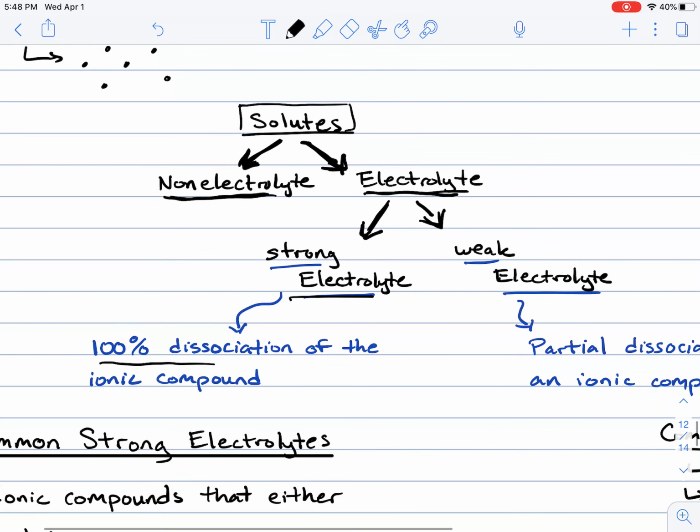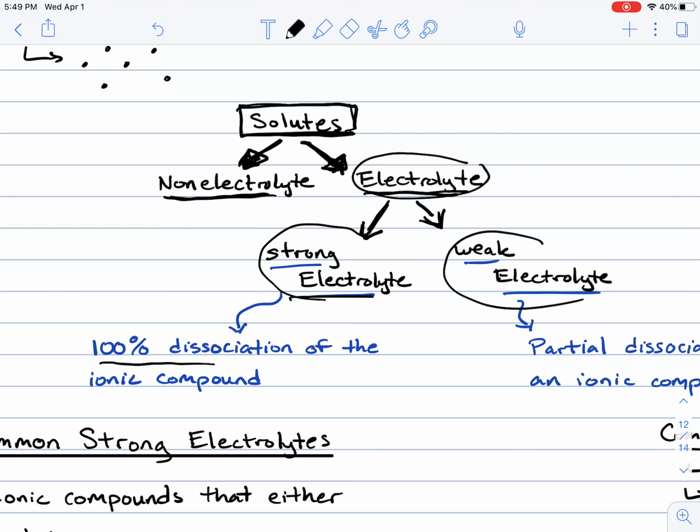So here we have a solute, which is going to be the given. And then we want to first identify if it's a non-electrolyte or if it's an electrolyte. And if it is an electrolyte, then we need to identify if it's a strong or a weak electrolyte.